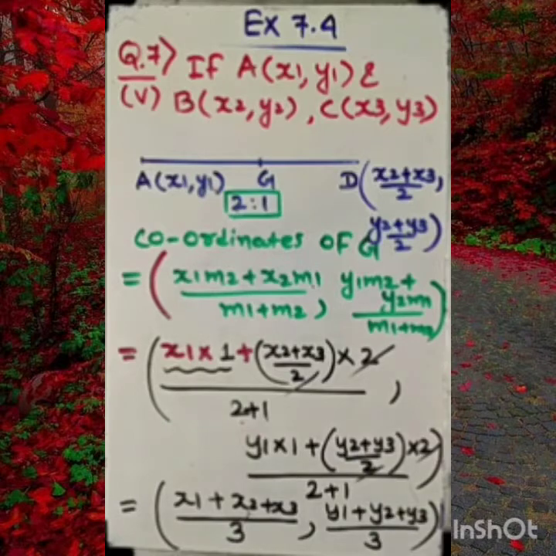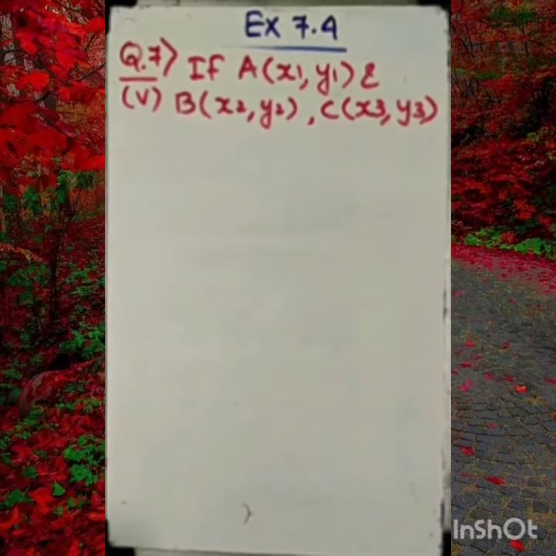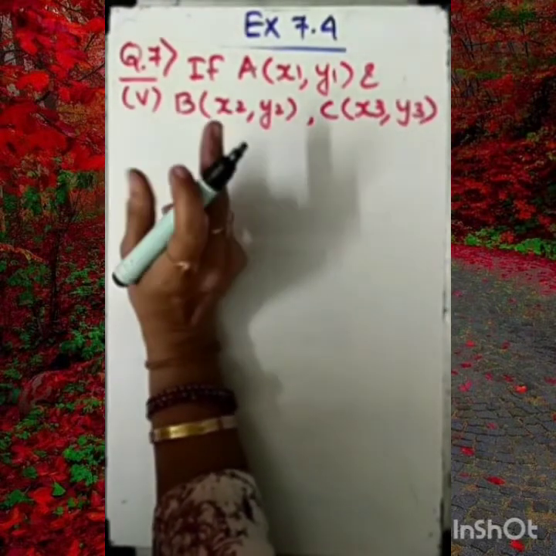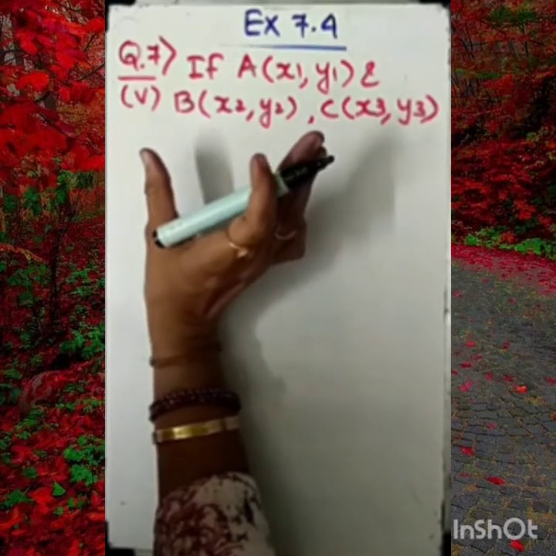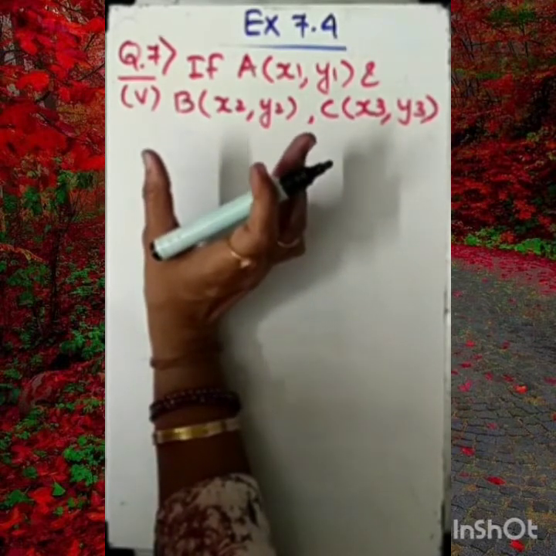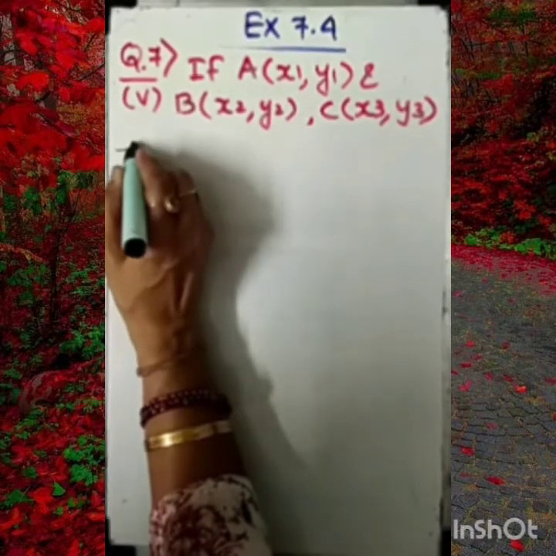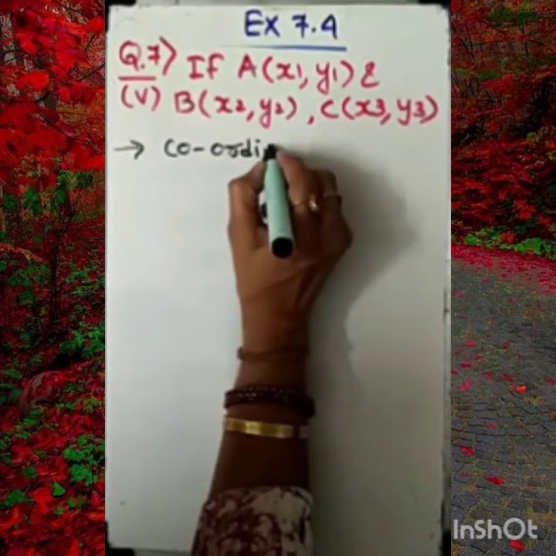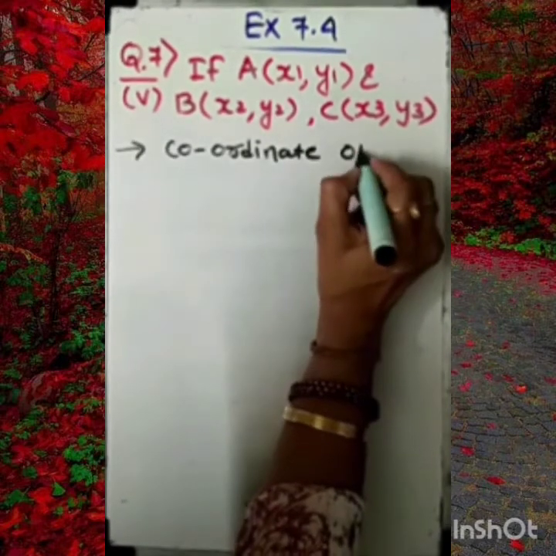Let's see further what we have to do. So my dear student, as we found one of the midpoints, that is G, the coordinates of point G we found. Now first of all, let's note down a few more things. According to the given triangle, what will the coordinates of E be?